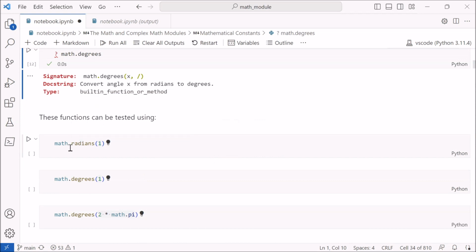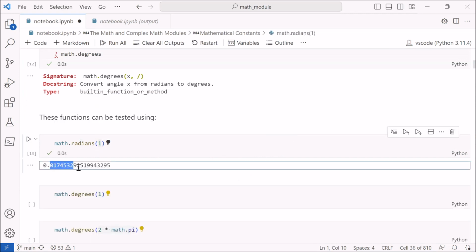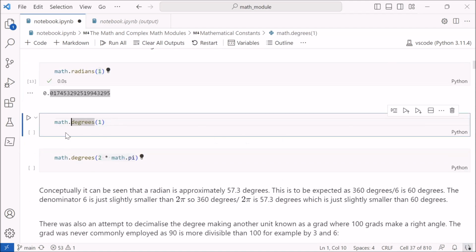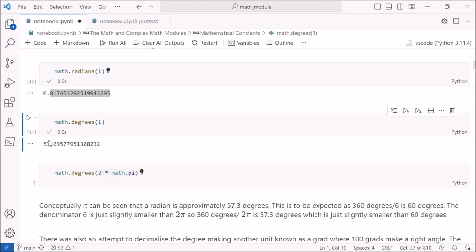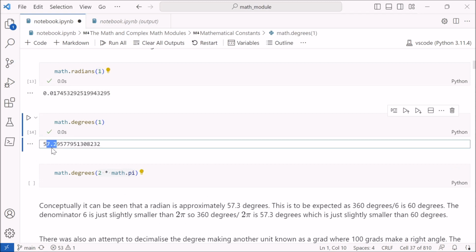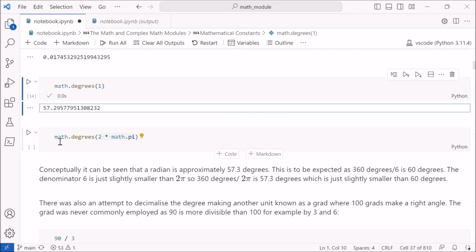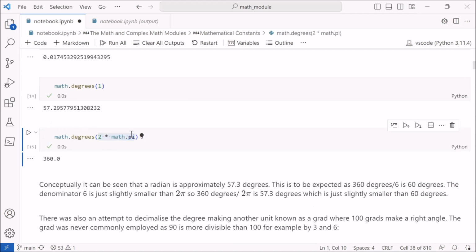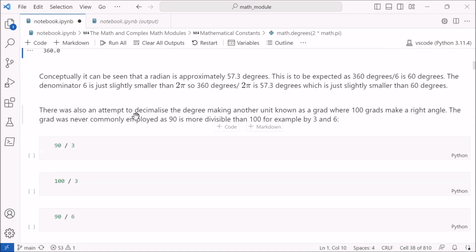We can see how many radians for 1 degree, and it's a very small unit. How many degrees are in 1 radian? It's quite a large unit, 57.3 degrees. If we check how many degrees are in 2 pi, we should get 360, and this works as expected.